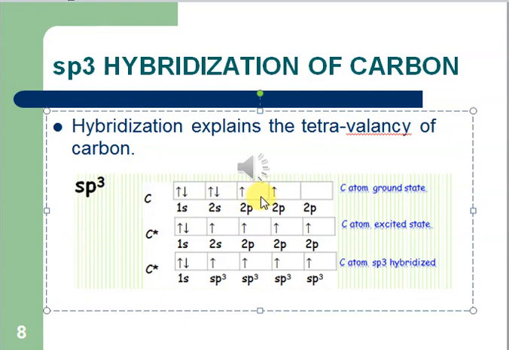Suppose that in the excited state, one of the electrons from 2s is shifted to 2p. Now we have 4 unpaired electrons in the valence shell, and it can form 4 bonds. But if you look critically, these 4 bonds would be different, because one bond will be formed by overlap with the 2s orbital, while 3 bonds will be formed by overlap with 2p orbitals.